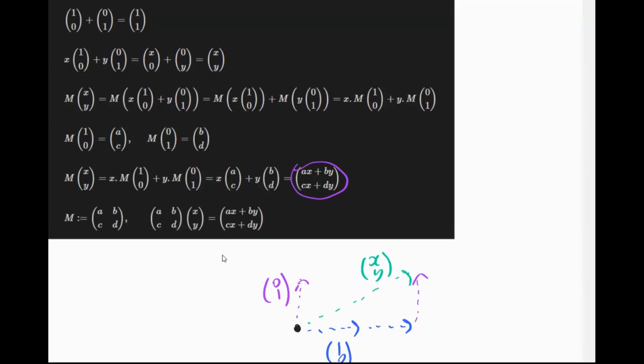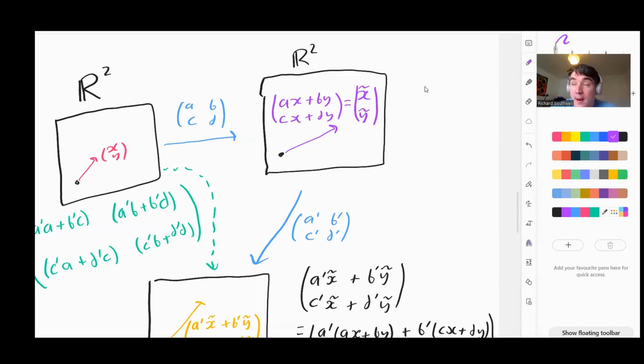So why not give our linear map the name a, b, c, d? Because those four numbers really define everything about how it works. And if you like, you can think of that as a backwards definition of a matrix.